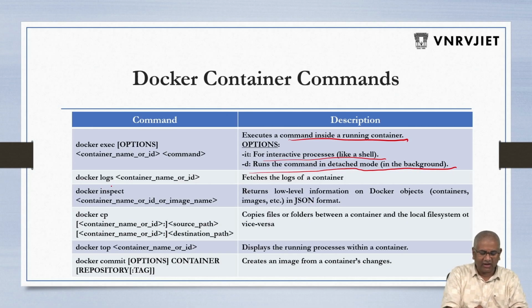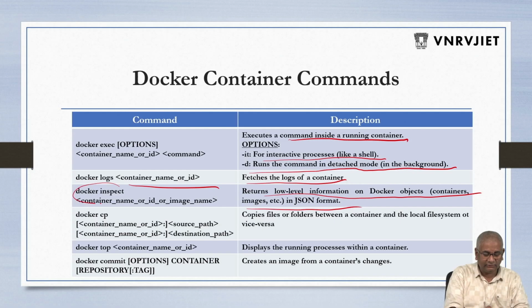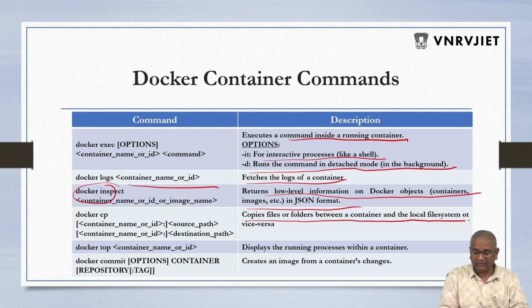Docker logs fetches the logs of a container, using the container ID or container name. Docker inspect returns low-level information on Docker objects, containers, images, all that stuff, right? In JSON format, it is useful when you want to debug and stuff like that. Docker cp copies files and folders between a container and the local file system, and vice versa, which you will use when you run a thing. Docker top displays the running processes within a container.